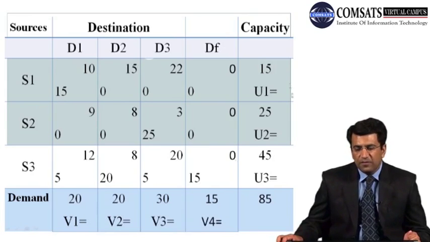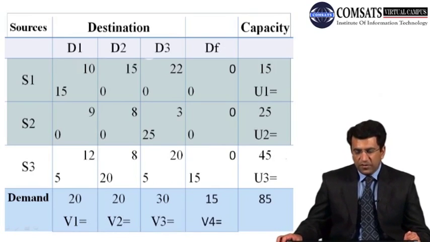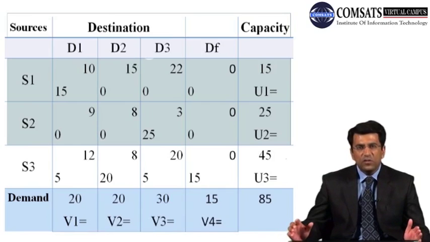So when we compute the values of U1, U2, U3, V1, V2, V3, V4, after formulating the different equations, if we put one value equal to 0, we will be able to find the values of all the other variables because of fulfilling that particular condition. So if we formulate the different equations, U1 plus V1 is equal to this particular cell's relevant per unit cost. So our first equation will be U1 plus V1 is equal to 10.